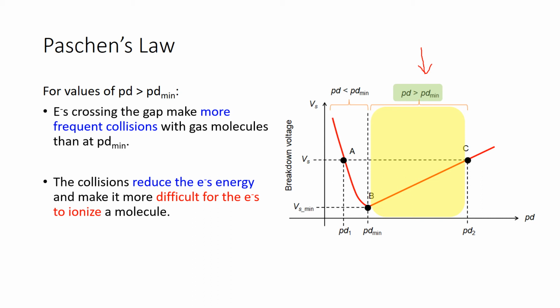Because if you remember from our previous lecture, for ionization to occur, the kinetic energy of the electron has to be greater than the ionization potential of the gas molecule. So if an electron has less kinetic energy, it will be difficult for the electron to ionize a gas molecule.